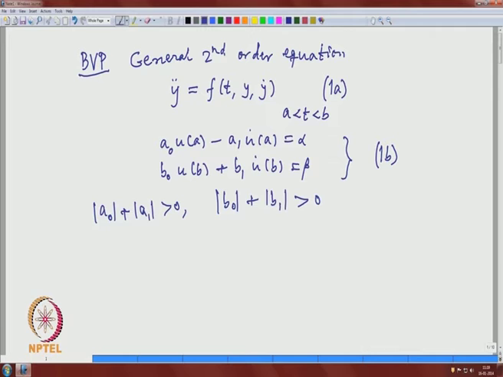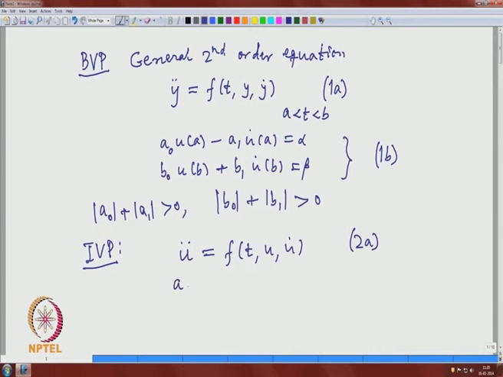A formal approach to a solution of this boundary value problem 1a and 1b, together called 1, was through an initial value problem. We discussed this last time: u double dot equal to f of t, u, u dot, call it 2a, and now we impose conditions on u and u dot only at t equal to a.